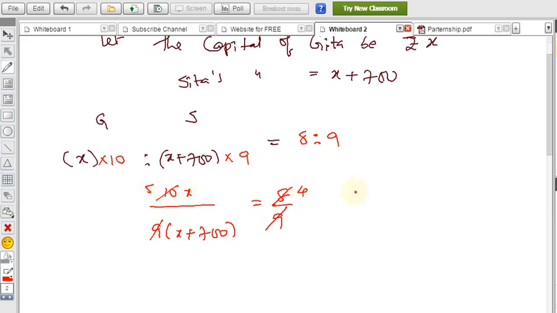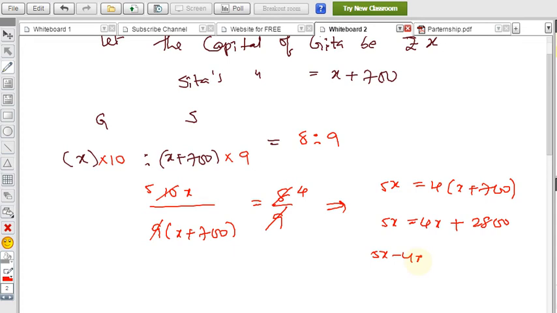That is 5x is equal to, with cross multiplication, 4 into x plus 700. 5x is equal to 4x plus 2800. Then 5x minus 4x is equal to 2800. Then x is equal to 2800.